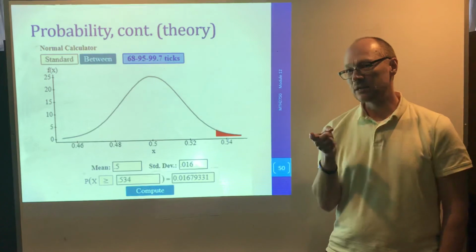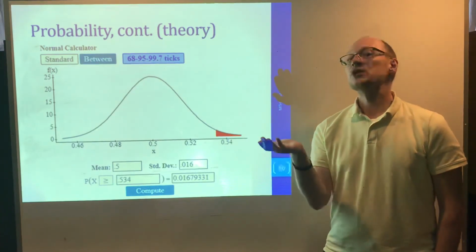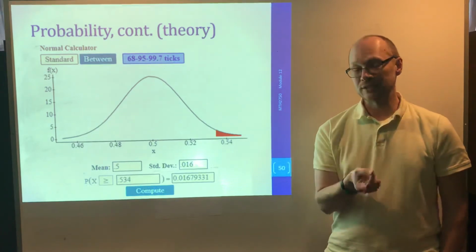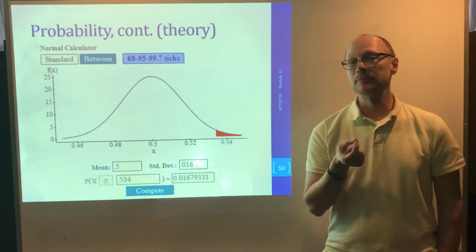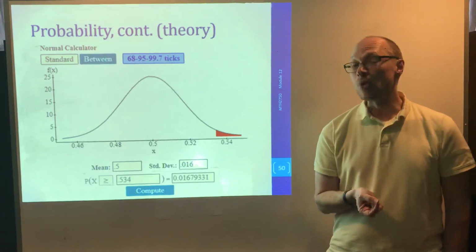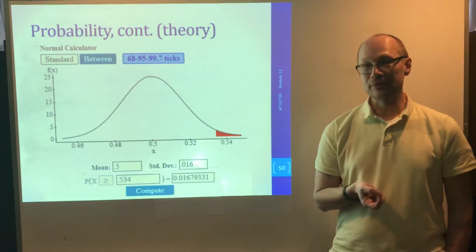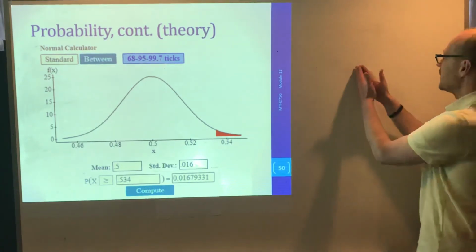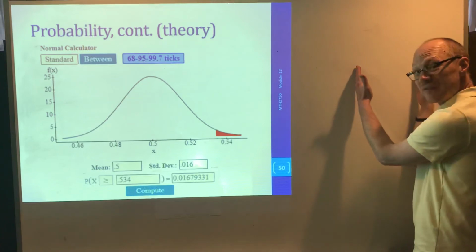What's our alpha again? 5%? So the probability of getting this is quite a bit less than 5%. It's only 1.7% chance. If it's that low, guess what we should probably do with the null hypothesis? Reject it, just like we did before when the standard deviation was 2.125 standard deviations higher.